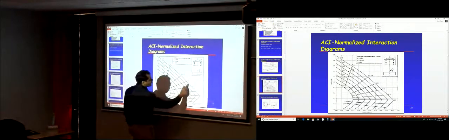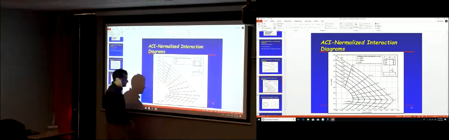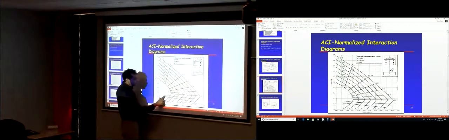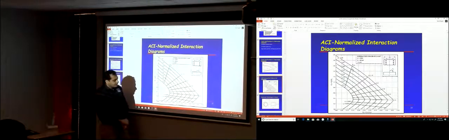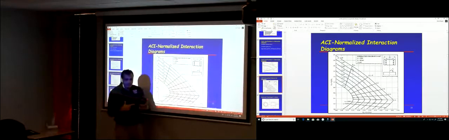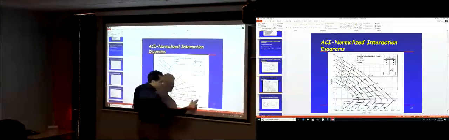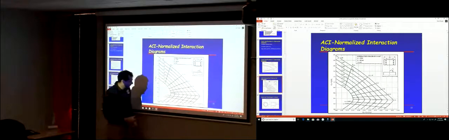From these values, you understand how much is the stress in the tensile steel. Those lines give you the magnitude of the strain in the tensile steel. The stress here in the tensile steel is f yield, but the strain is increasing. It's more than epsilon yield. For any point on this line, the tensile strain is 0.0035.